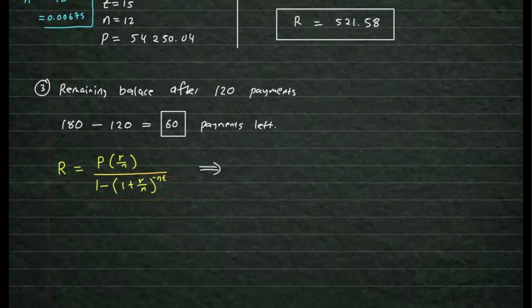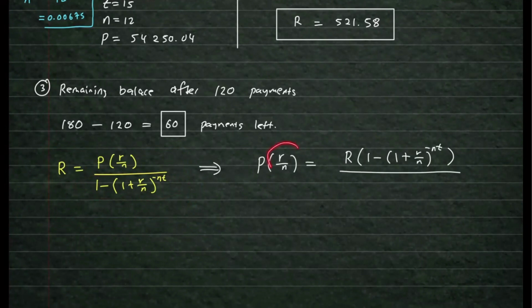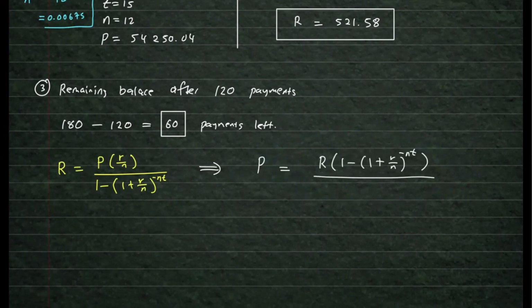So you'll have P times little r over N is equal to R times 1 minus 1 plus little r over N to the power of negative NT. Now I'm also going to divide by this number. So that will give me P is simply equal to this fraction, or R over N. That's how you're going to calculate the balance remaining after 120 payments have been made.